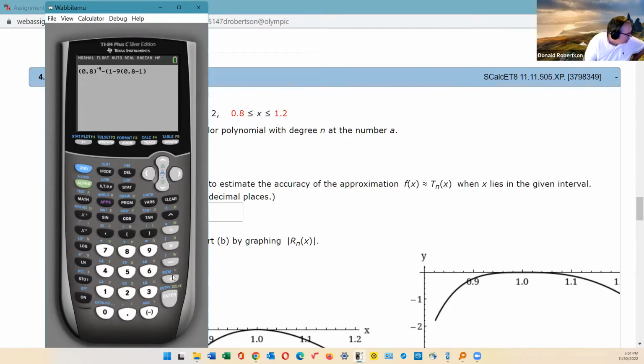And then add 45 times 0.8 take away 1 again, but this time we're going to square it. And then finish our brackets. So that's the error at the x equals 0.8 side.